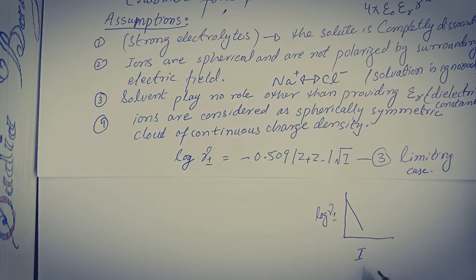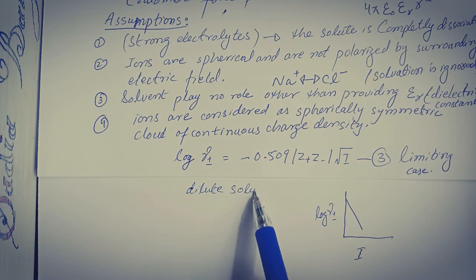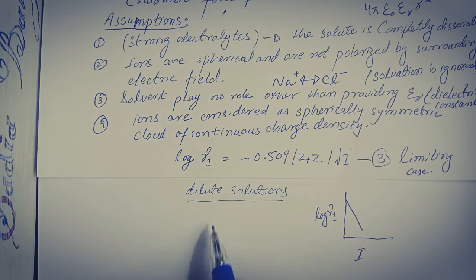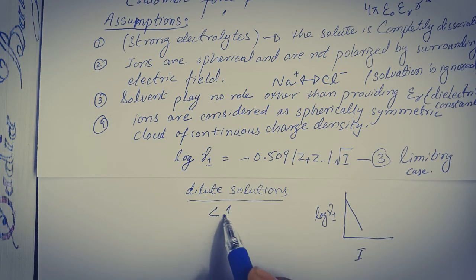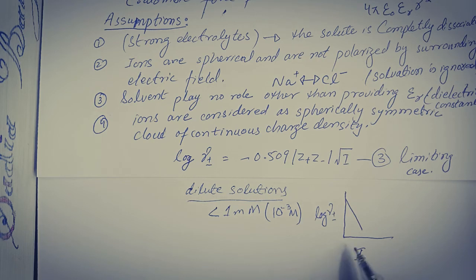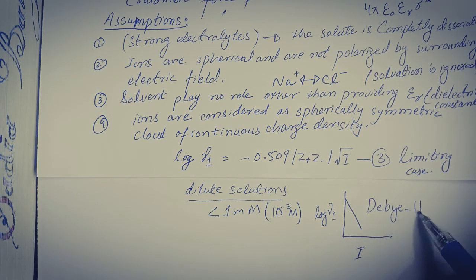So this is true for the case of dilute solutions, that is less than 1 millimolar or 10 to the power minus 3 molar. So this trend line is also known as Debye-Huckel limiting law.